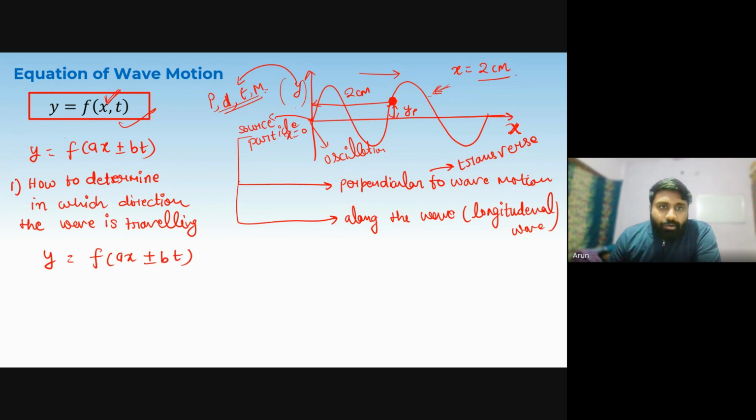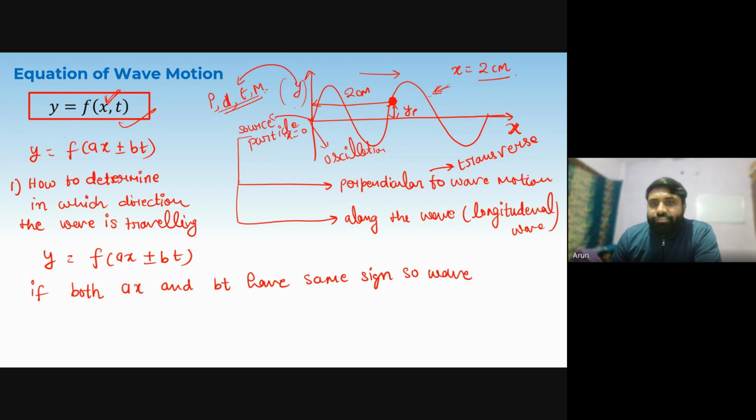Got it? Now, if both ax and bt have the same sign, the wave is traveling in the negative x direction.